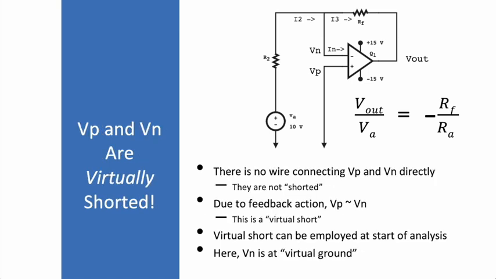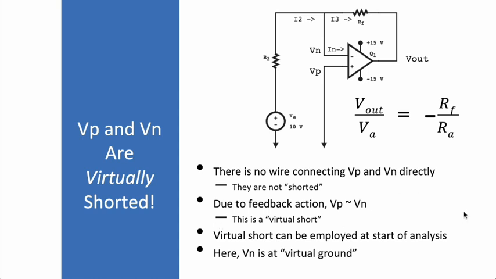Now, it's so small that we actually refer to the idea of Vp and Vn being virtually shorted. There's no wire directly connecting them, so they're not physically shorted. But due to the action of the feedback, the node voltages Vp and Vn are very nearly identical. So we call this a virtual short.